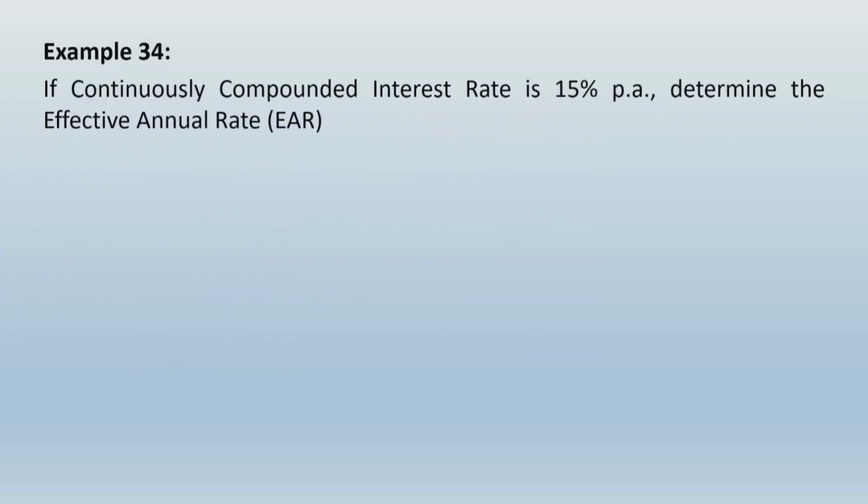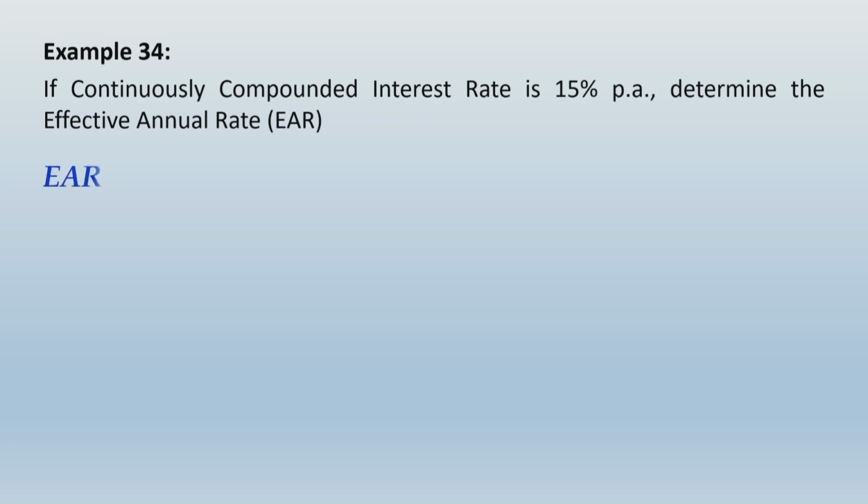Now here it is a little different situation. It says if continuously compounded interest rate is 15% per annum, determine the effective annual rate. Now in the earlier example you converted HPR into continuous rate. Now you are converting continuous rate into effective annual rate or a kind of HPR.